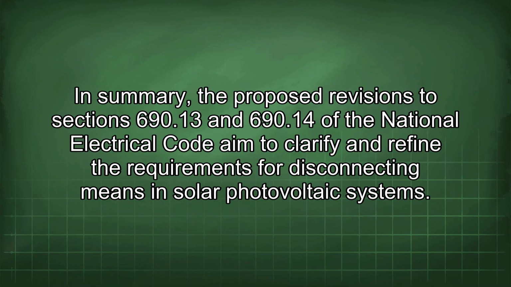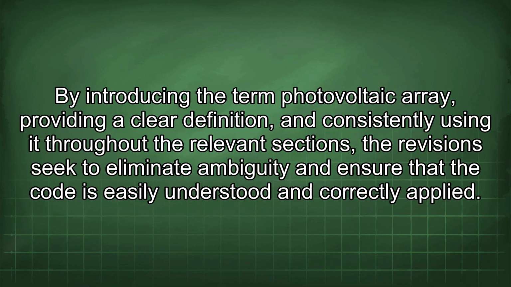In summary, the proposed revisions to sections 690.13 and 690.14 of the National Electrical Code aim to clarify and refine the requirements for disconnecting means in solar photovoltaic systems. By introducing the term photovoltaic array, providing a clear definition, and consistently using it throughout the relevant sections, the revisions seek to eliminate ambiguity and ensure that the code is easily understood and correctly applied.